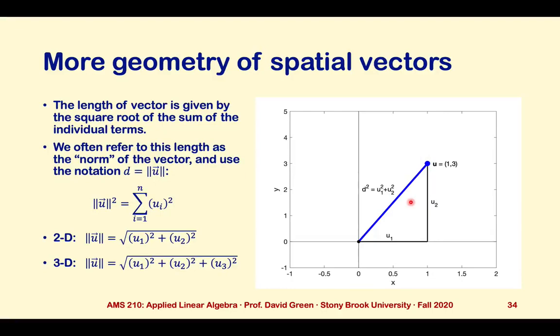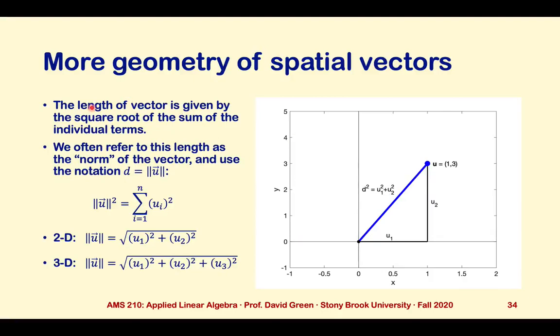In 3 dimensions, exactly the same rule holds true: the length of a directed line segment in 3-dimensional space is given as the square root of the sum of the squares of each of its coordinates, u1 squared plus u2 squared plus u3 squared, the whole thing square root. Right?